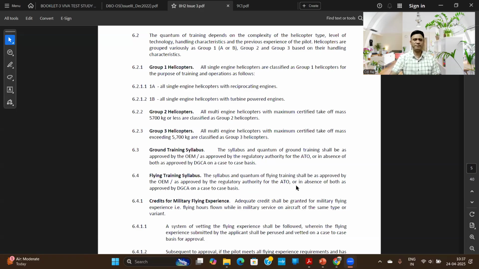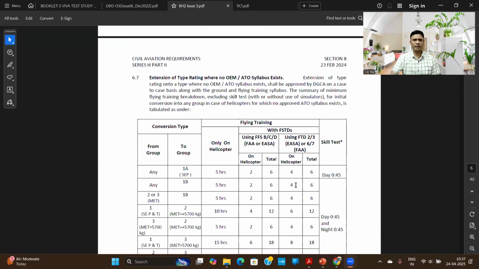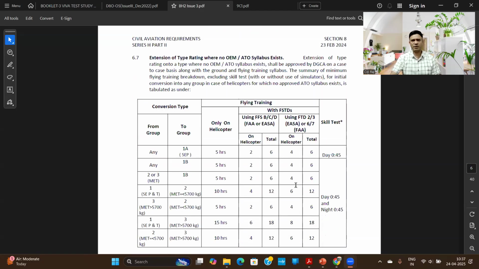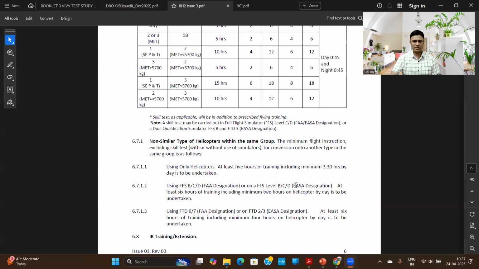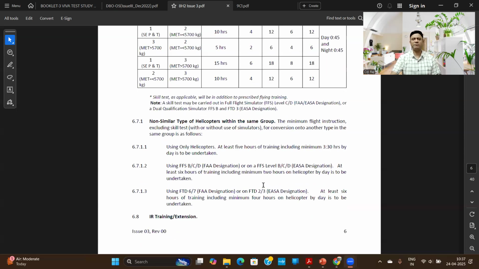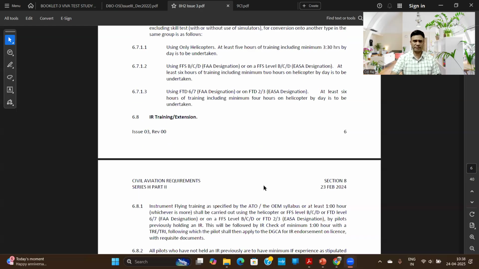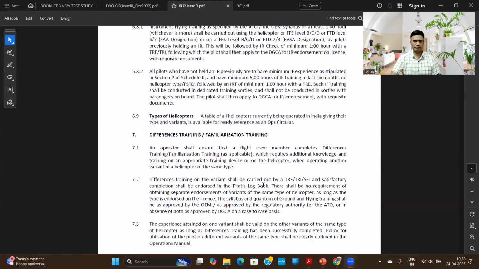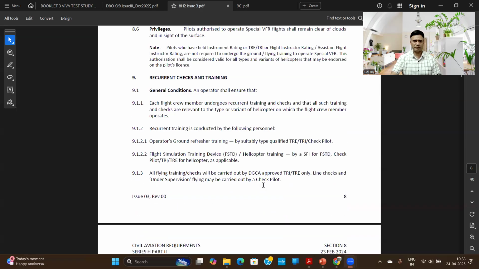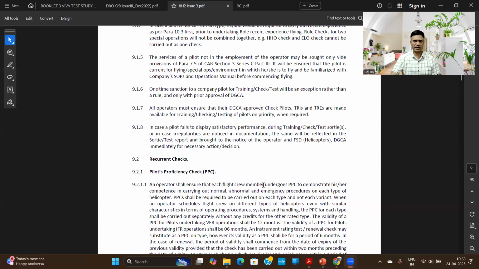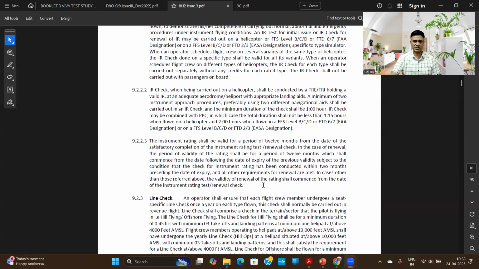Okay, now here all conversion types, how much training, all the skill tests, how much time, all this is given. So all of you who are going for conversion from one type to another, initial skill test, you should have this data with you. And here it is also given what is required in special VFR training, what is required in the pilot proficiency test.